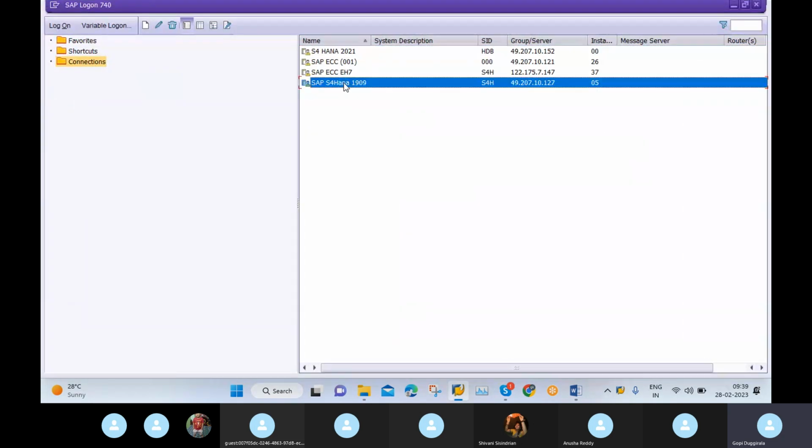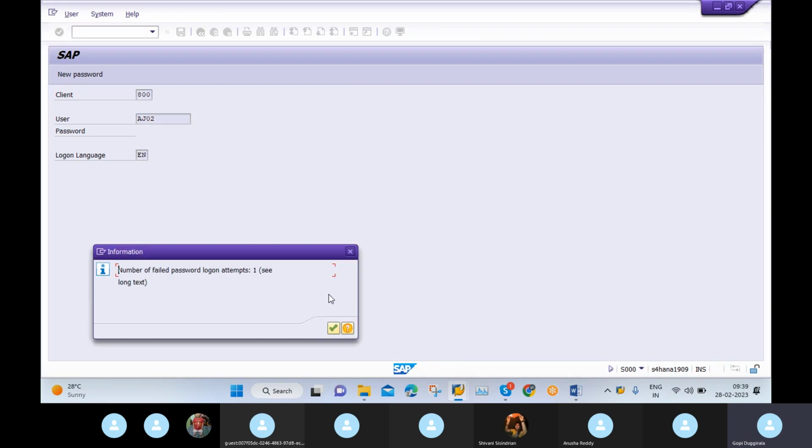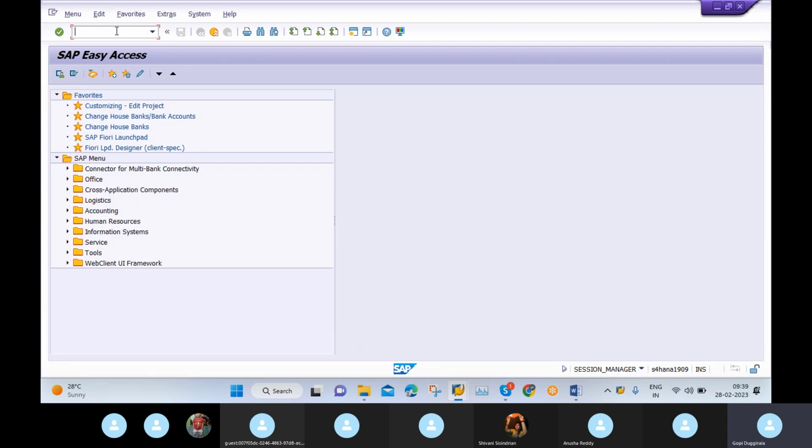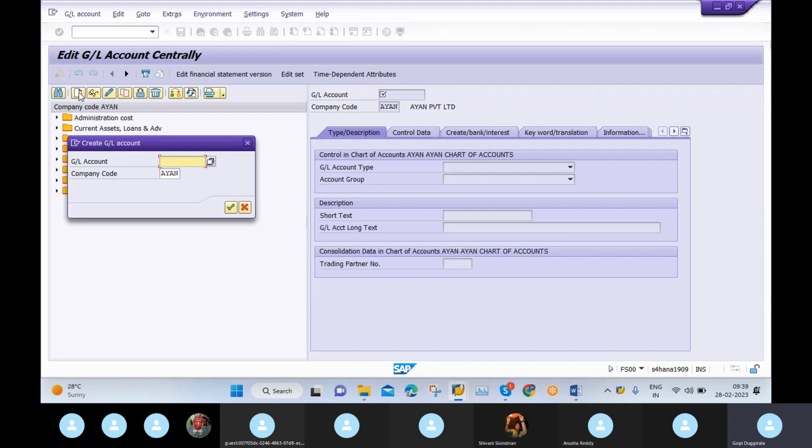This is also a major difference between SAP S/4HANA Finance and SAP ECC. Earlier we could create cost elements in the controlling module only. But in SAP S/4HANA Finance, whether it is a primary cost element or a secondary cost element, you can create it from the FS00 screen itself.